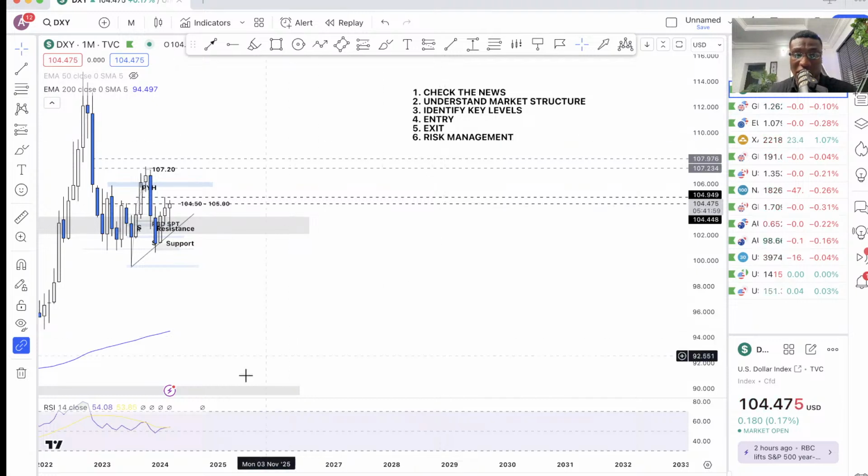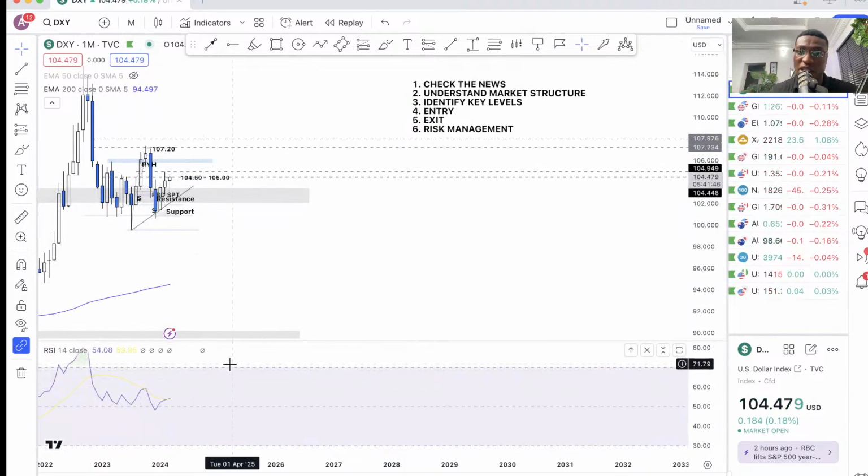You can always add indicators like the moving average, the Fibonacci retracement, the RSI. If you use MACD, that's also fine. And your exits will be determined by, if you're new to trading, you can use the ATR indicator for your risk. You can use swings, candlestick swings, or market swings, depending on your trading style. So if you're a swing trader, you can use market swings.